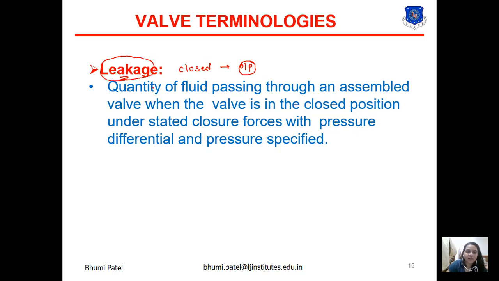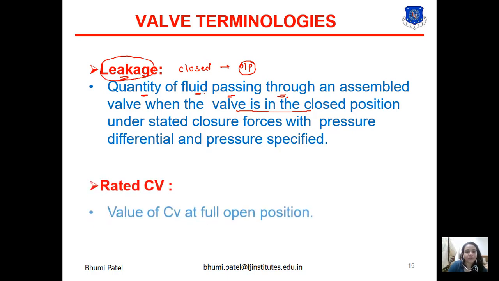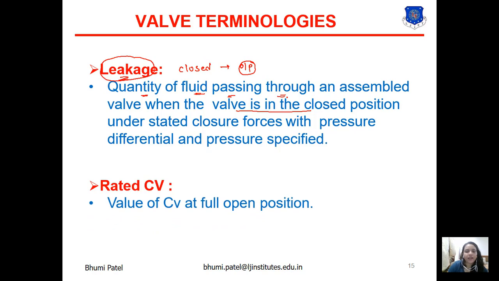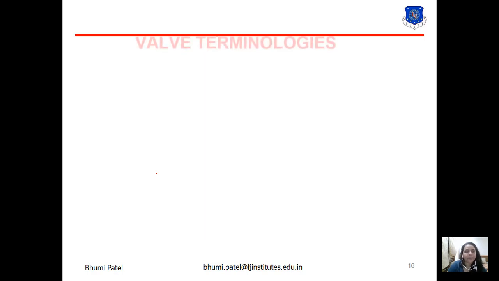So the definition is the quantity of fluid passing through the control valve when the valve is in the closed position. Now rated CV is the value of CV at full open position. Whenever the valve is at the full open position, the capacity of the valve is known as the rated CV.